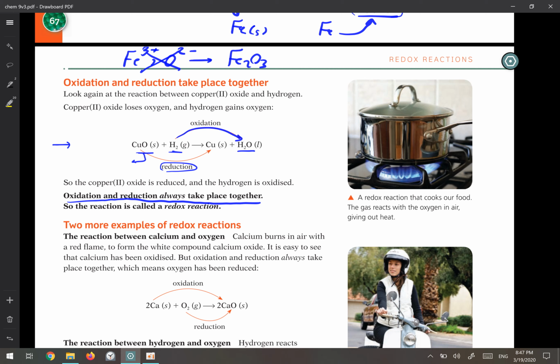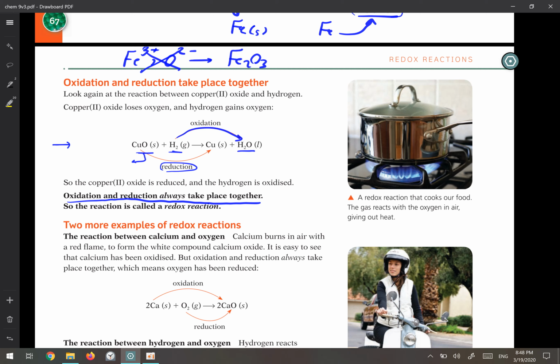If some substance loses the oxygen or is reduced, the other substance is being oxidized. Or if a substance gains the oxygen and is oxidized, the other substance must lose it, so it is reduced. That's why oxidation and reduction always take place together.